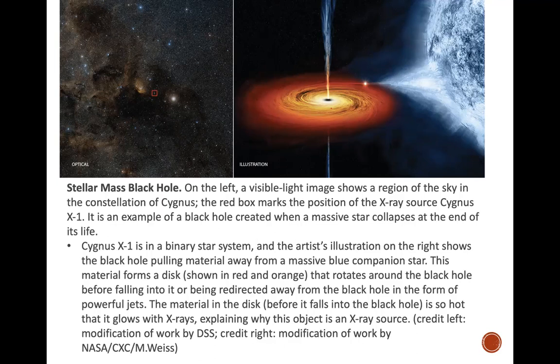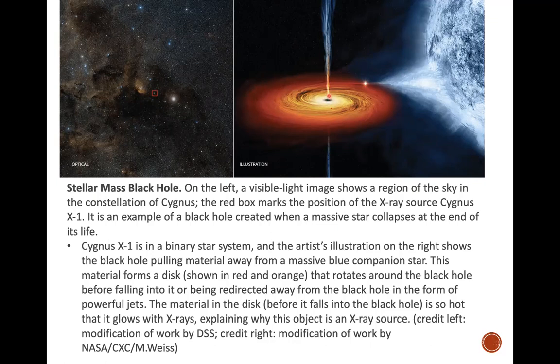The reason is, as you see in the right hand image, that the image is actually not a real image. This is an artistic impression of a black hole. This black circular shape right here is what the artist has drawn as the black hole.